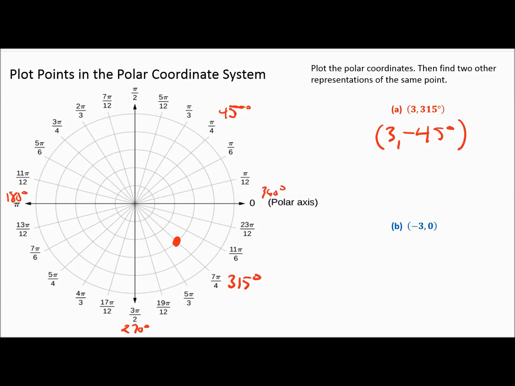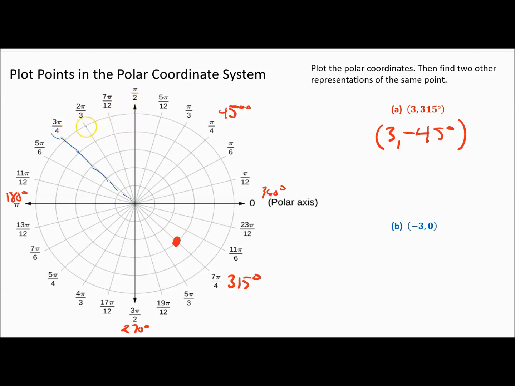Okay, well, let's look backwards here. So 315 degrees, if I go backwards, is this guy right here. I'm trying to do a dashed line. There we go, which is 3 pi over 4. But y'all, what's 3 pi over 4 in degrees? Now, again, you could start counting on your circle. You could say 3 times 180 and then divide that by 4. I think I'm going to go right here. That's 90 degrees.